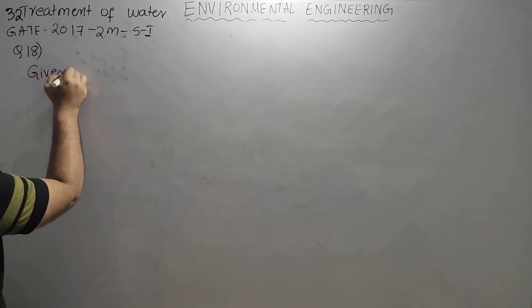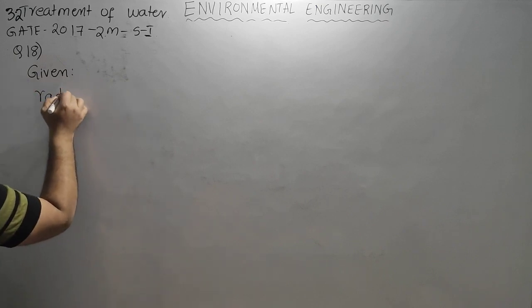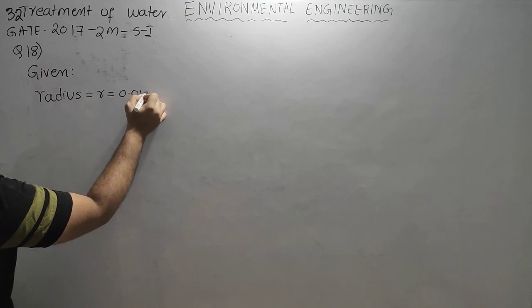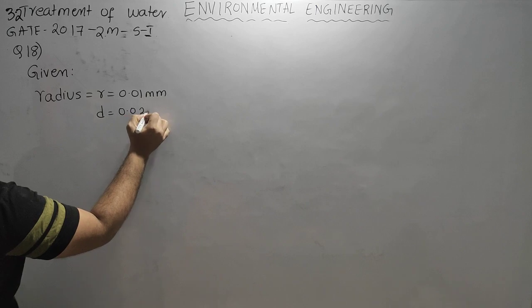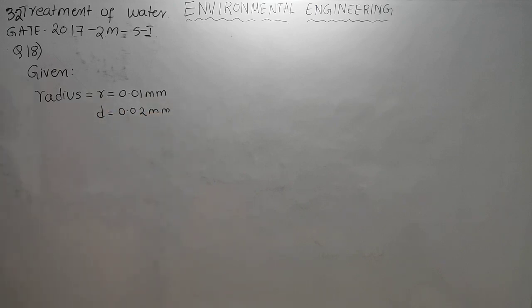The radius of the particle is given. So radius R is equal to 0.01 mm. That means D is equal to 0.02 mm. Many people will make a mistake here. They will directly take R as diameter and do the question.